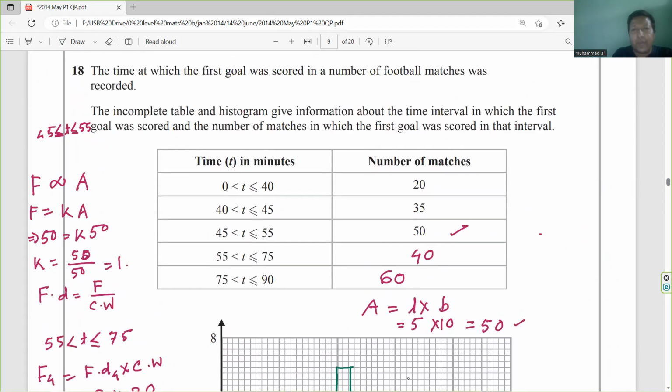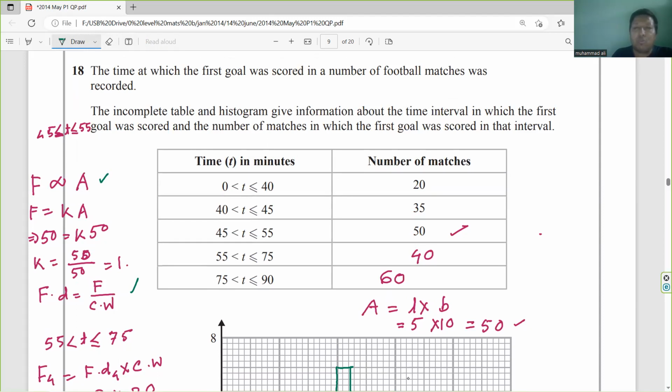If we review again, one thing you have to remember: when just a frequency table is given and no other information, you think that k equals 1, so frequency density equals frequency divided by class width. Otherwise, if you have an incomplete table and an incomplete histogram, remember frequency is proportional to area, and area equals length into breadth.